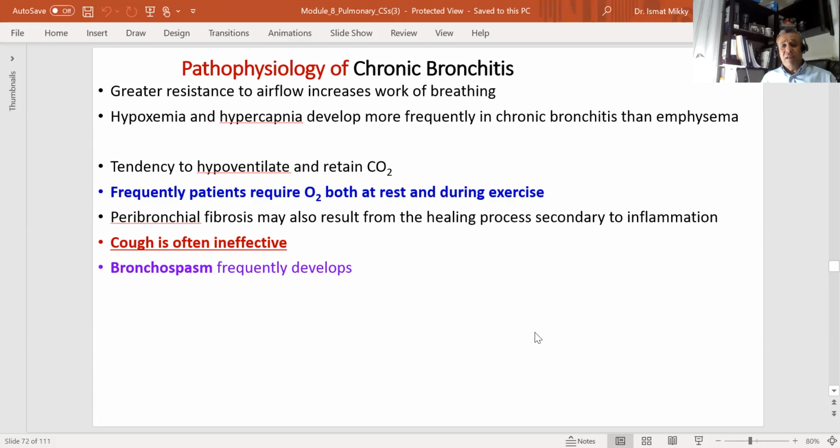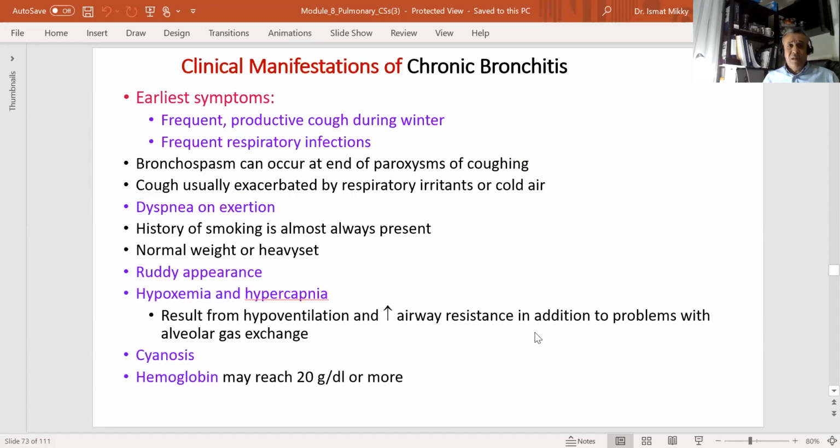So the cough is ineffective to remove the secretions. Bronchospasm frequently develops and is usually more common with a history of smoking or with asthma. Early symptoms in patients with chronic bronchitis.